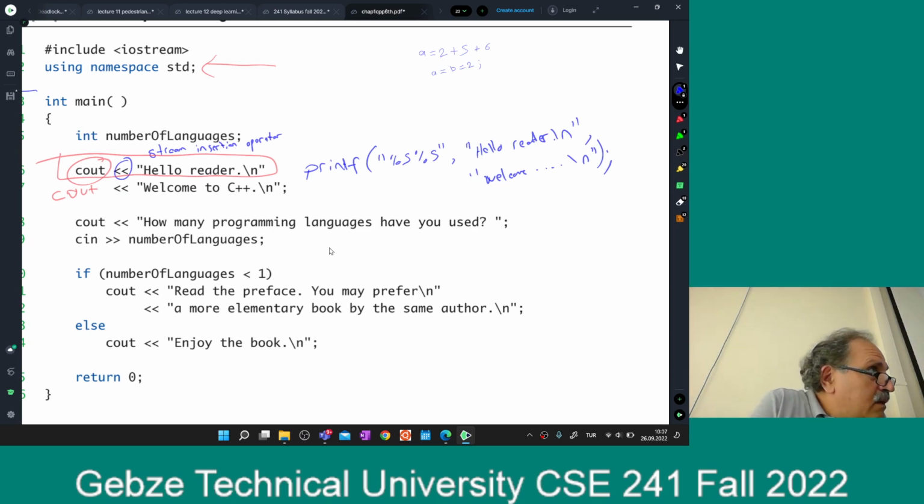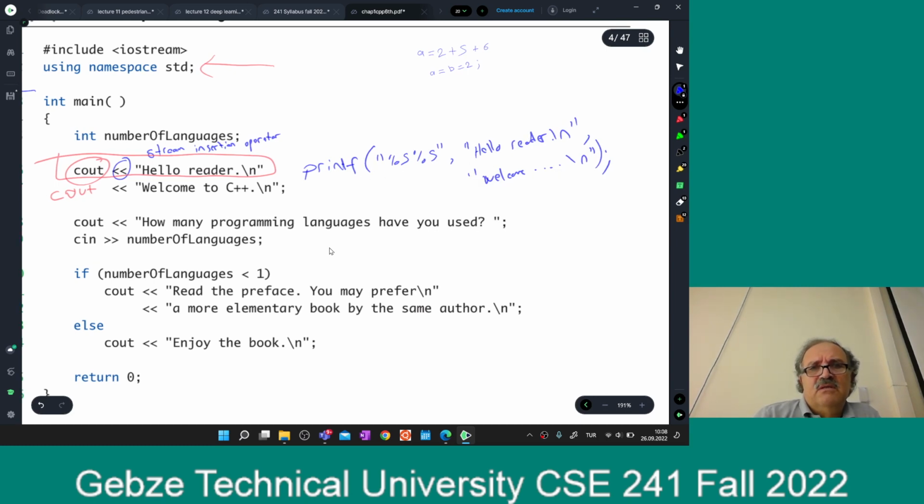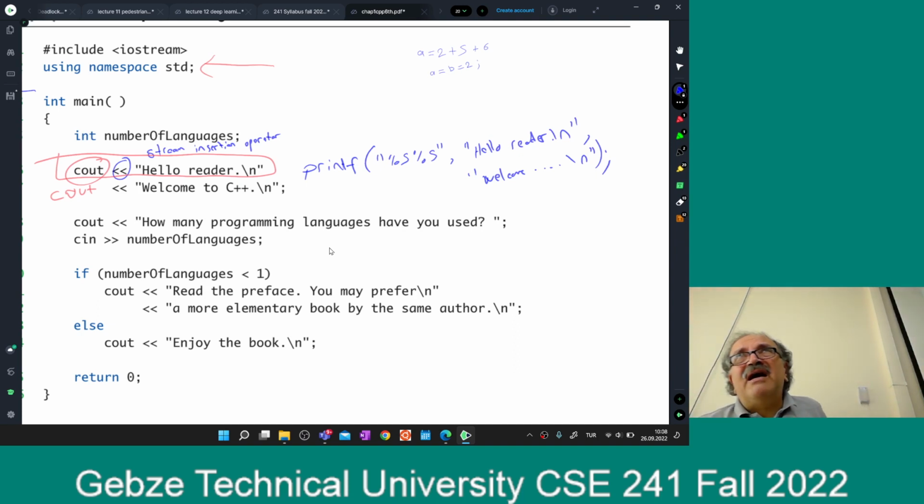Stream is kind of similar to buffer in C. Well, I am saying that these two lines correspond to this printf statement. No, I'm talking about stream. It's kind of similar to buffer. Oh, you are talking about the streams. Well, let's ask me that question maybe 6 weeks later, because we are going to talk about streams.